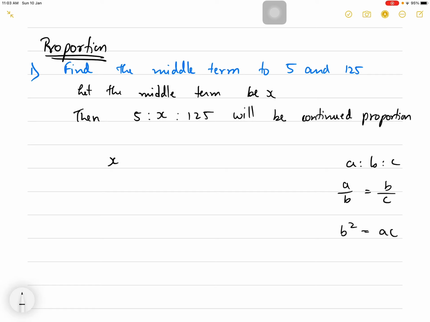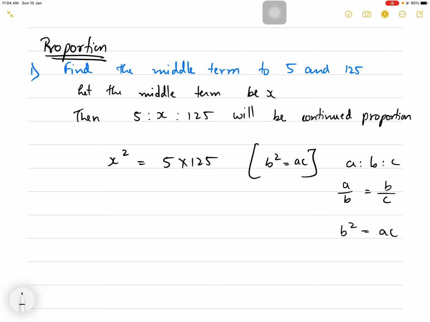That means x square is equal to 5 into 125, right? How did I get this? Because b square is equal to ac, right? Correct?